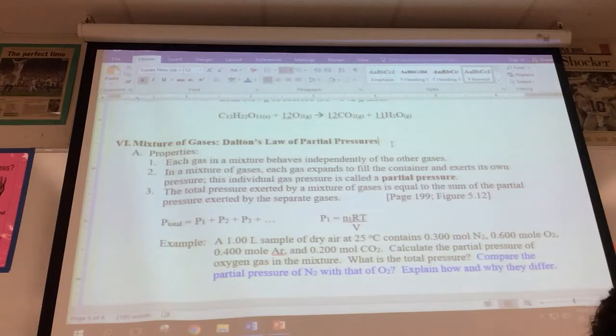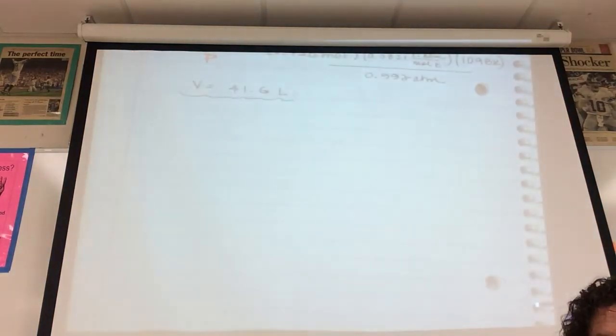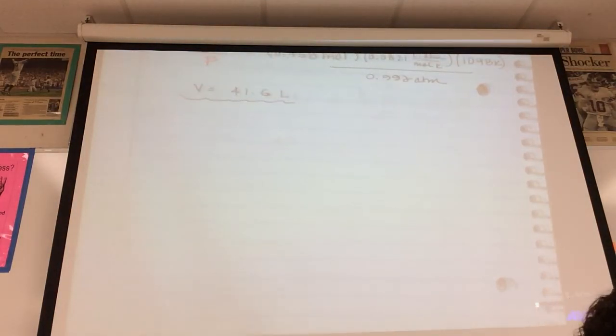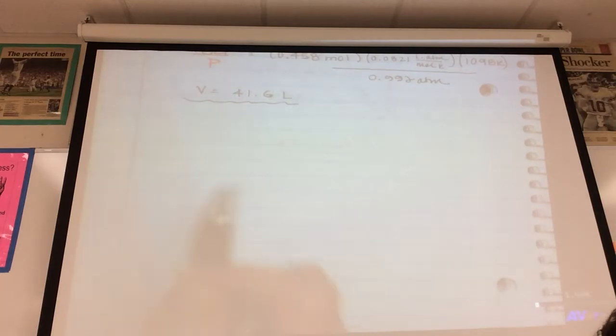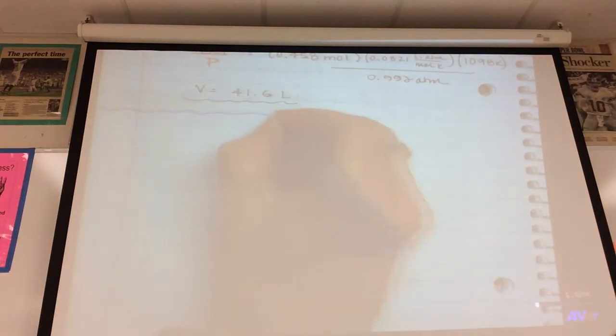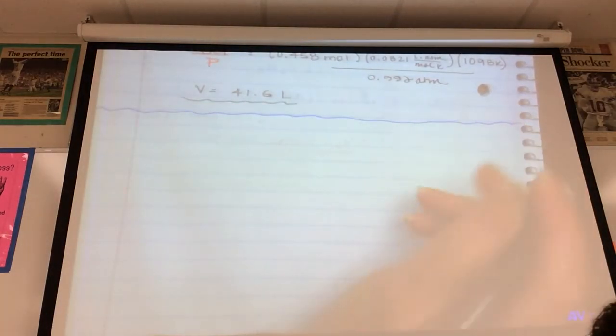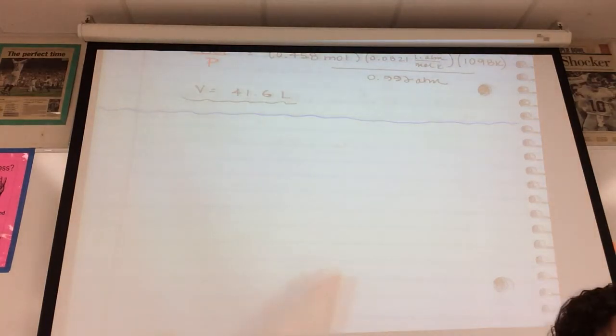But after working through the POGO packet, I really felt that it made sense, so I would highly recommend that packet. In regard to Dalton's law of partial pressure, let's really try and simplify it, similar to the way we did last year, and then we'll get into collecting water over gases like you'll do in the lab tomorrow. I was just setting that up for you.